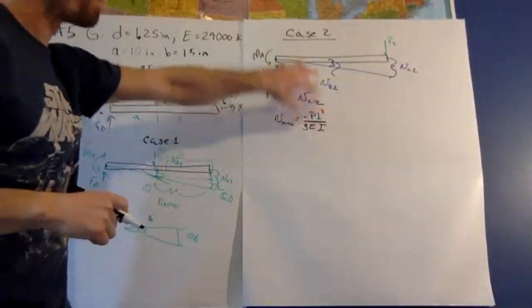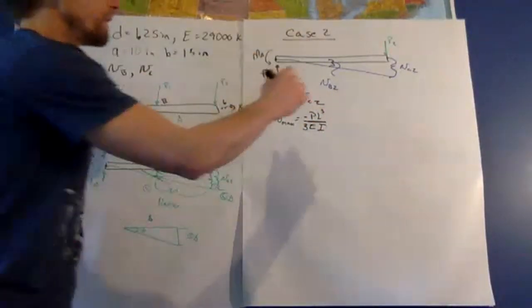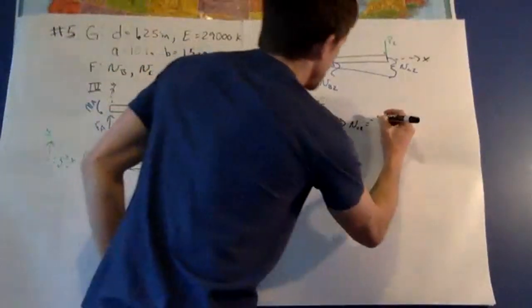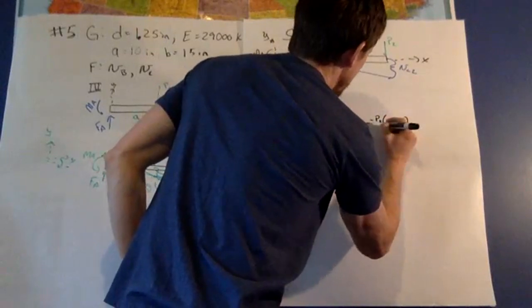We need to actually map this to what we're doing. So VC2 is equal to negative, if we draw our coordinate system, the X and the Y, we're going to have a negative displacement the way we've shown this here. VC2 is equal to negative P2. And then what's our length? Anybody know? We have A and B. What would our length be? Would just be A plus B, correct?